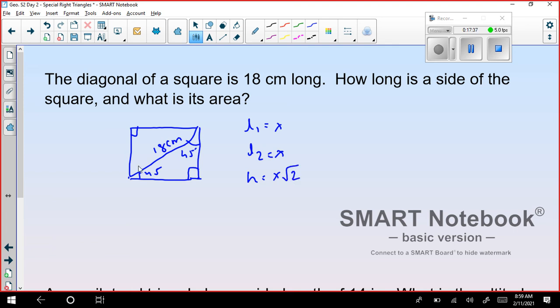We already have the hypotenuse given to us. Hypotenuse is 18, which means 18 equals x root 2. Then divide by root 2 on both sides to get the value of x. That gives us x equals 18 over square root of 2.